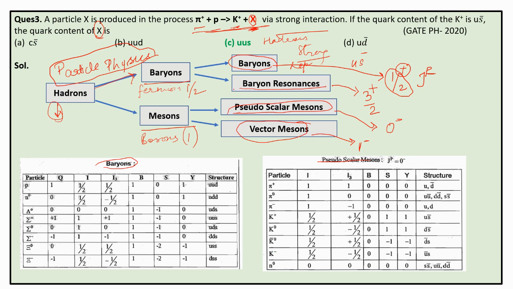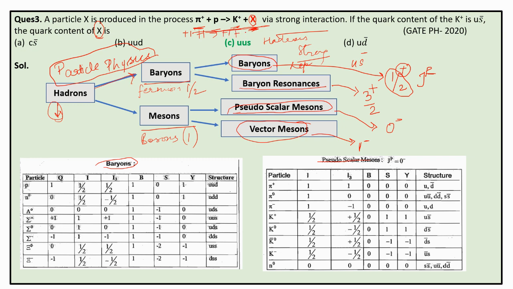Now, this reaction is proceeding via strong interaction, and there are certain quantities which need to be conserved when such a reaction is going on. If I look into this equation, I can easily say that the pion charge is plus 1 and the proton charge is also plus 1.